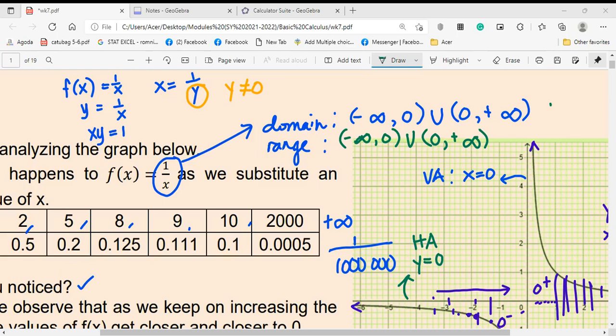Because this, I told you last week, na kapag rational or you encounter division, ang dami niya pang pwedeng maging rules. And I'm just glad that you had very good raw scores during the second quiz, and I commend you for that.